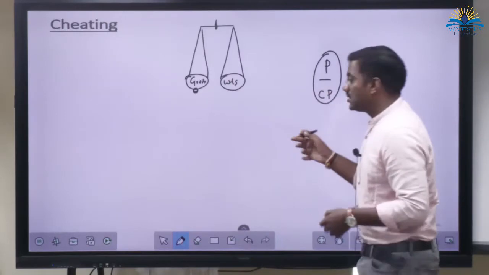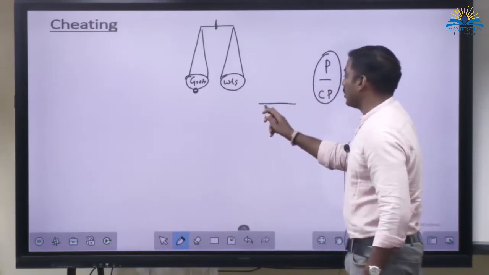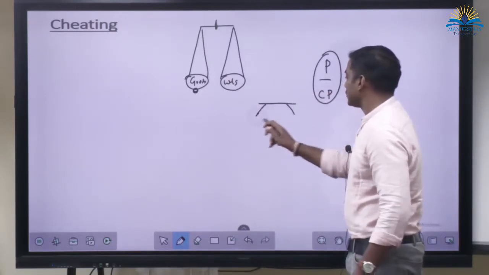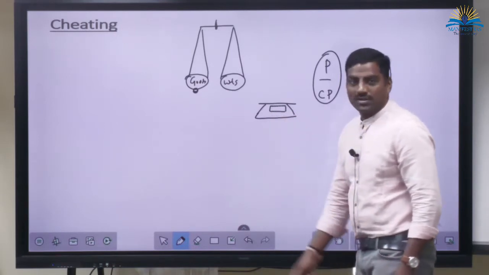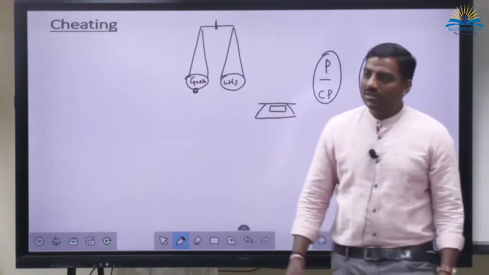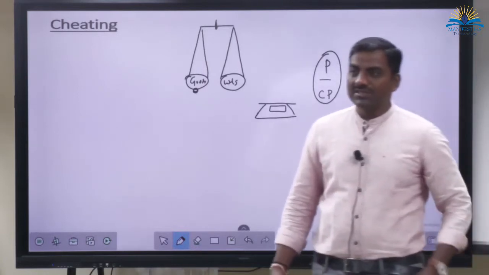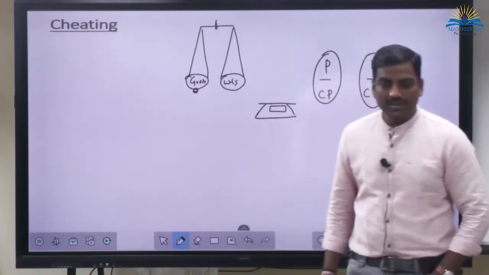Even in the digital machines, can we cheat? This is our display, no? Can we cheat on digital weighing scales?